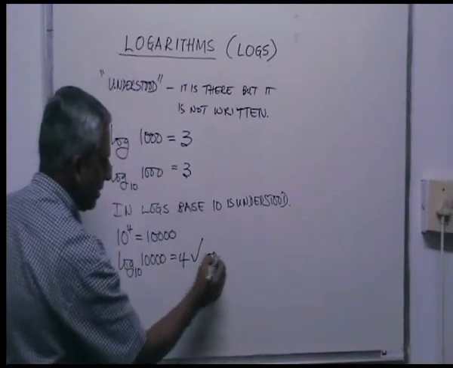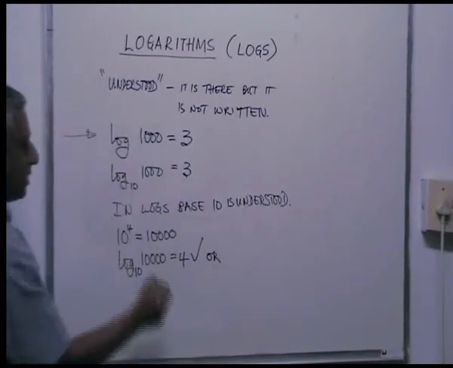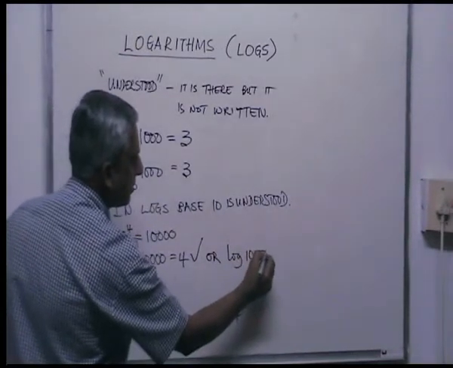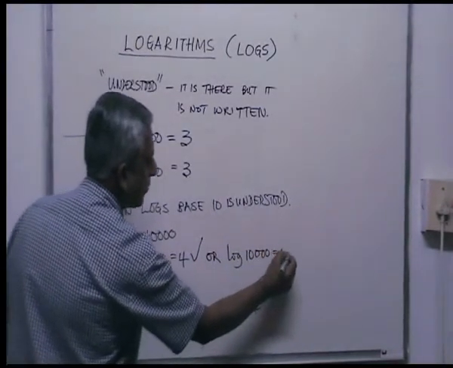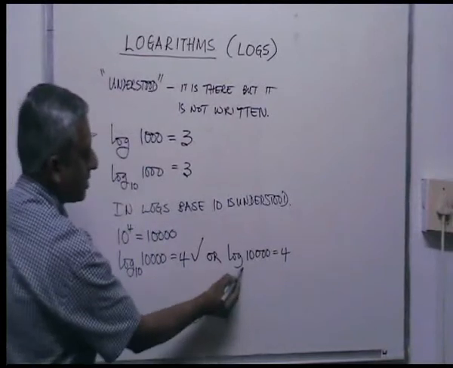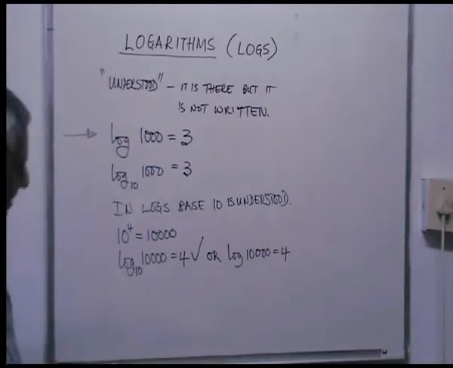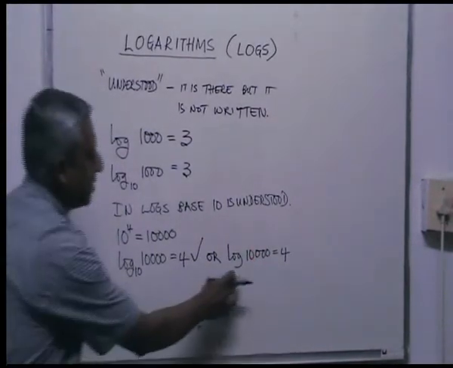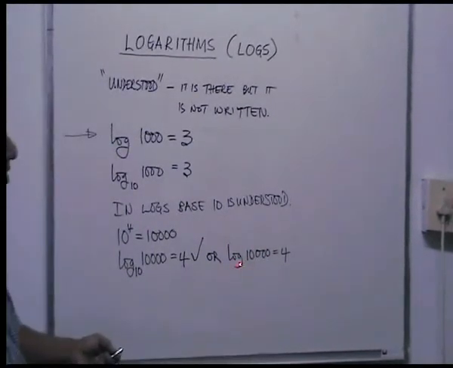Or you can use your knowledge about understood and say that the log of 10,000 is 4. In the second case, you have left out the base, because in logs, the base 10 is understood.